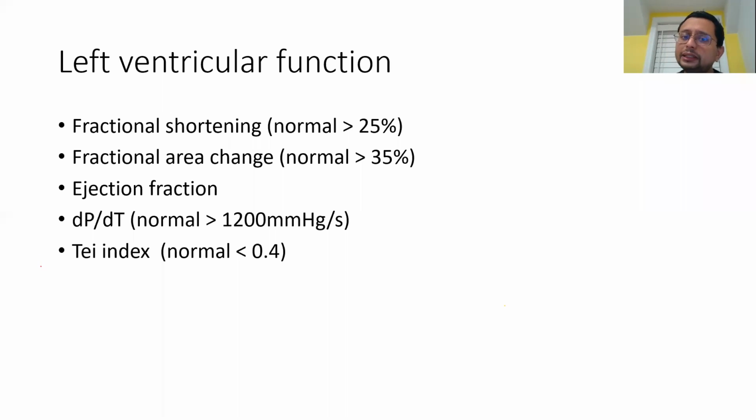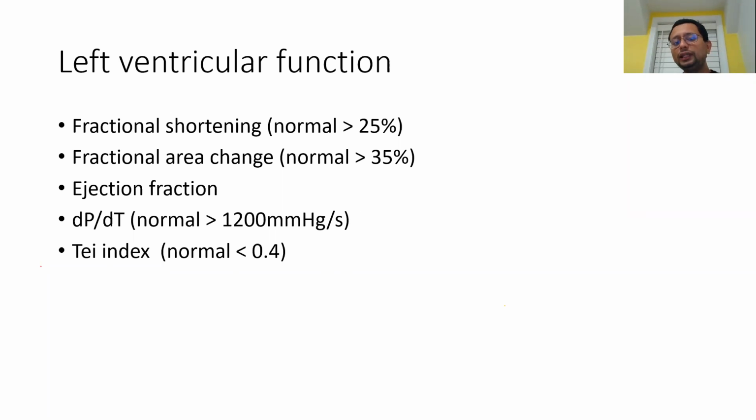In terms of calculation, it is the isovolumetric contraction time plus the isovolumetric relaxation time over ejection time. The lower the number, the better. Why? Because you want your heart to spend more time in ejection, because that is the time when it works, compared to the isovolumetric contraction and relaxation times.